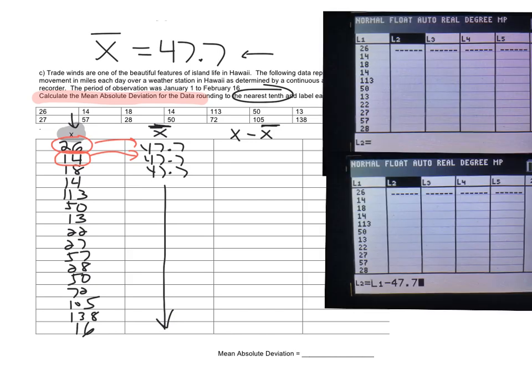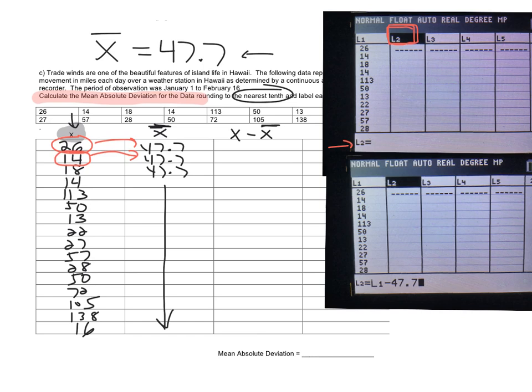So what you're going to do is this. Assuming you have all your data entered into list 1, you're going to move the cursor and highlight all the way to the top of list 2, so that list 2 should pop up on the bottom.